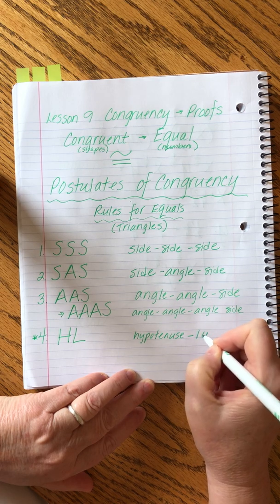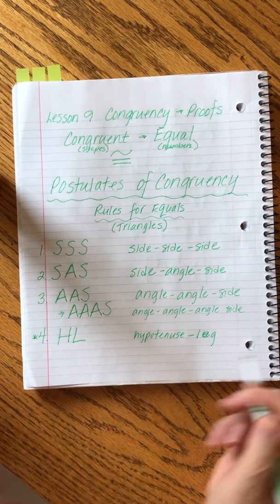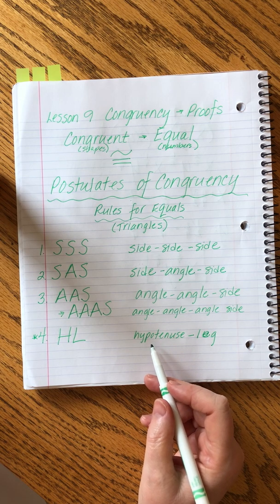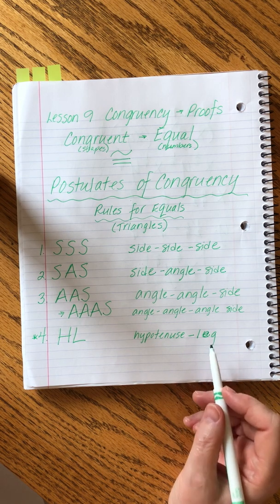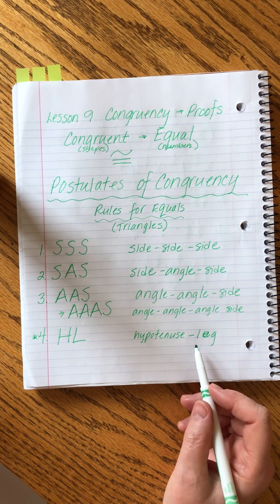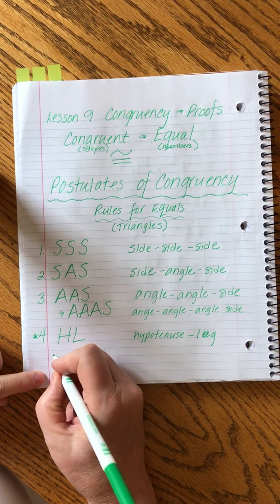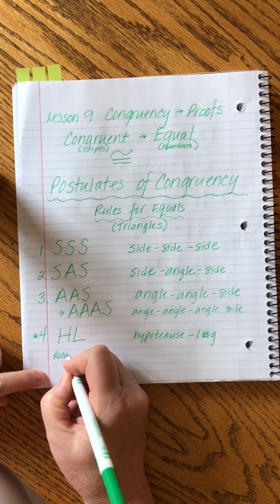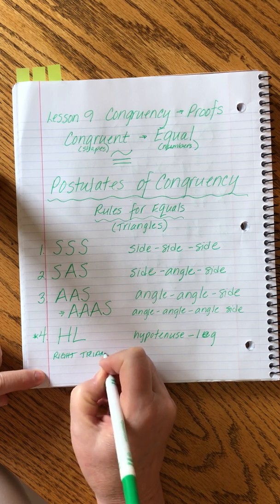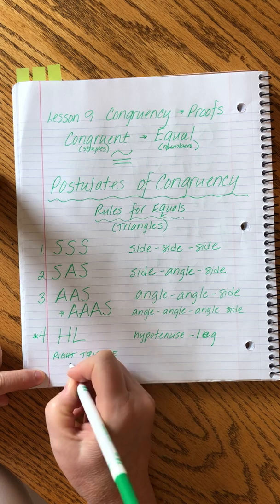If we can prove that the hypotenuses of 2 right triangles are the same and one of the legs is the same, then we're good. So this is for right triangles only.